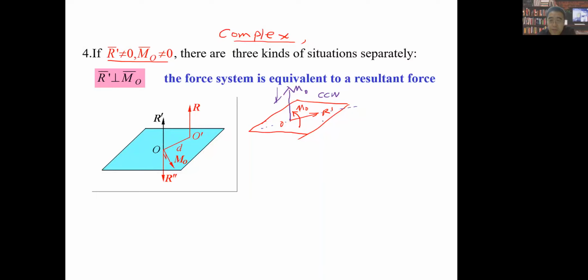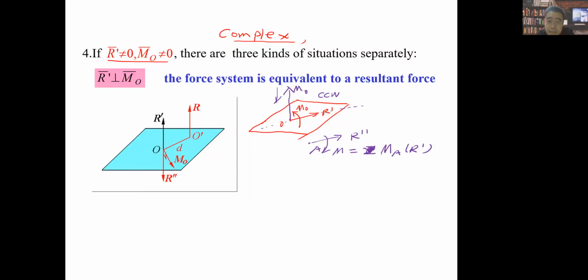So we can arbitrarily find another point, like A, maybe A here. We can use the theorem of force translation. We can move this R prime to here by keeping its magnitude and direction. And we also should add a couple M, which should equal MA of R prime.